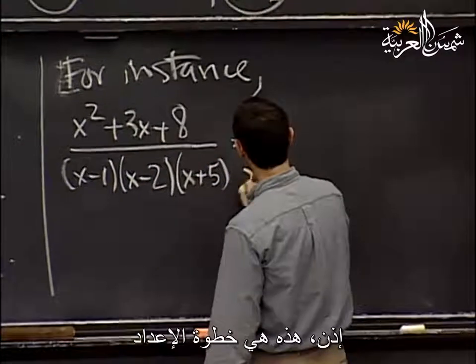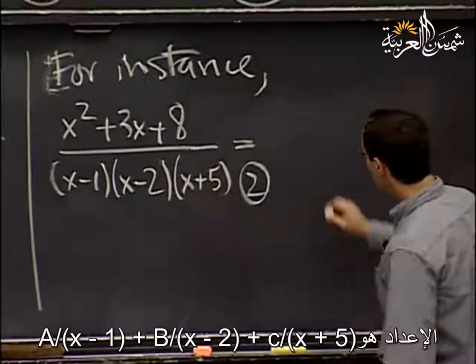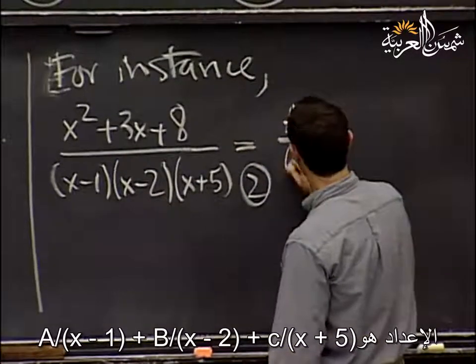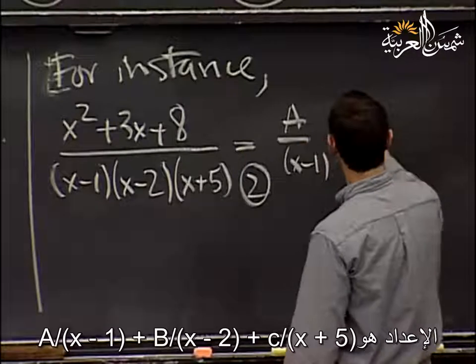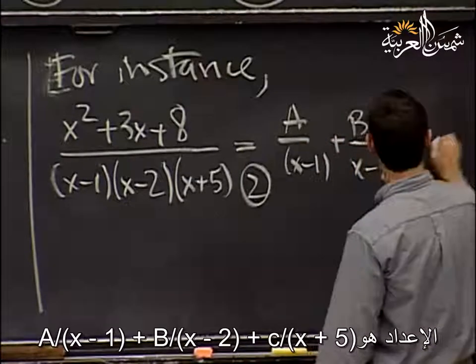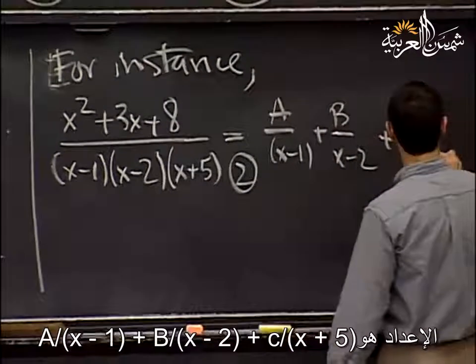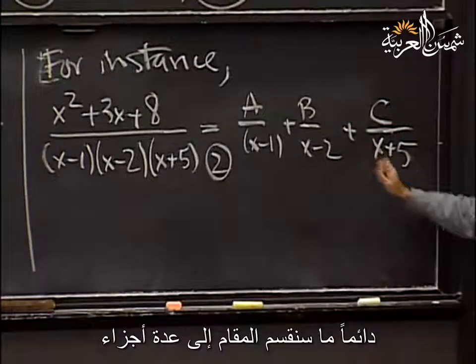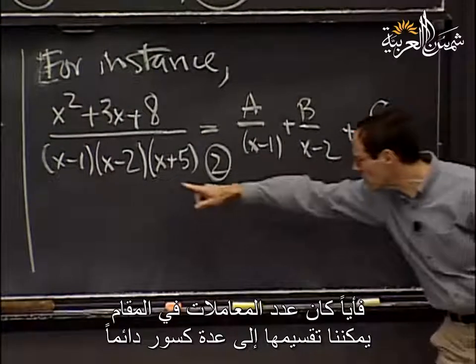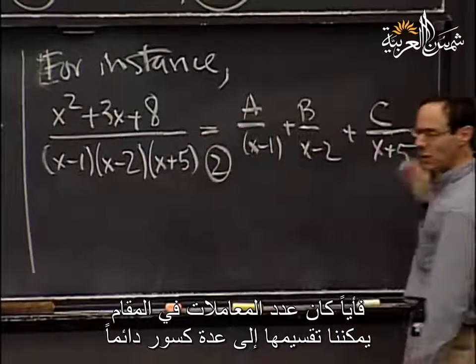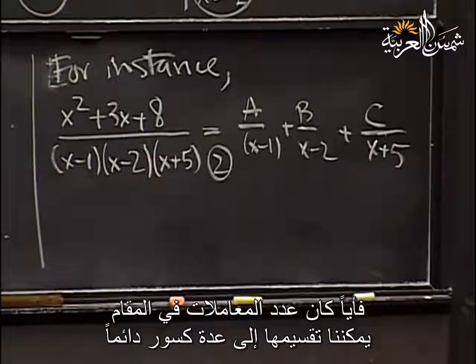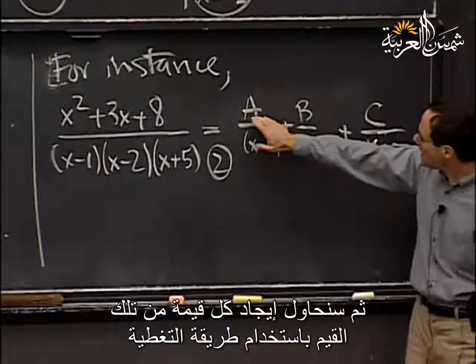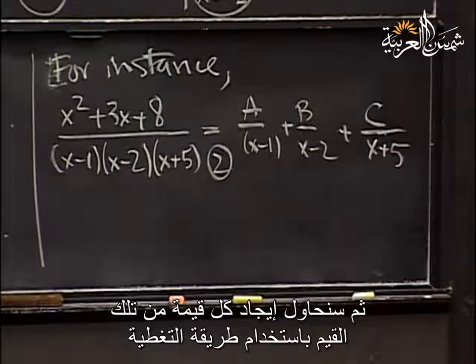So here I'm going to tell you the setup. The setup is going to be a over x minus 1 plus b over x minus 2 plus c over x plus 5. And it will always break up into something. So no matter however many factors you have, you'll have to put in a term for each of those. And then you can find each number here by this cover-up method.